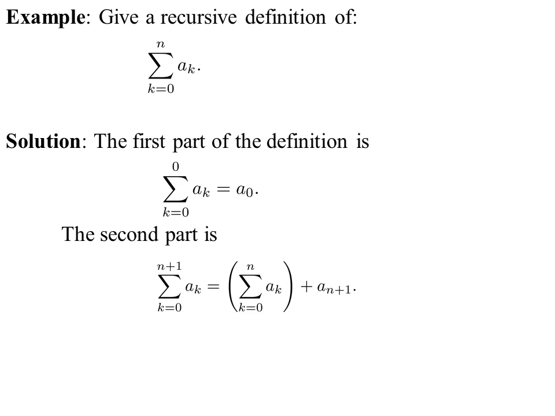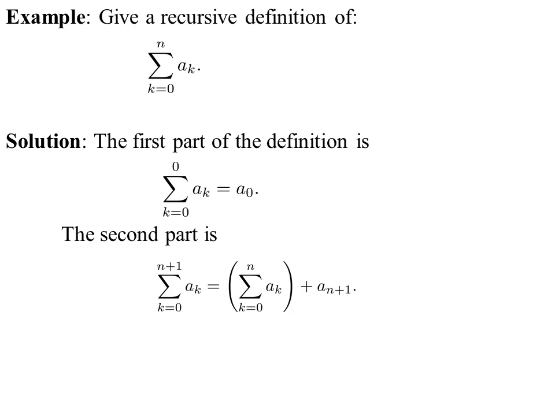Let us take one more example to give a recursive definition for sigma k equal to 0 to n of ak. So here also the solution should have two parts, that is basis part and recursive part. The basis part will take k at the value 0. So sigma k equal to 0 to 0 of ak will give us a0.